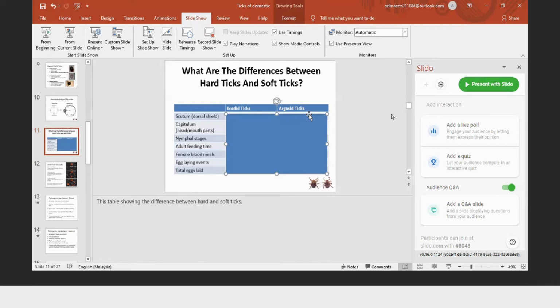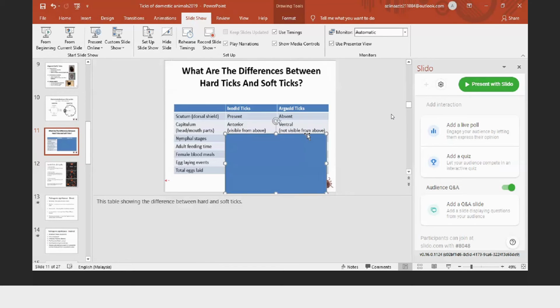Okay, I'll reveal the answer. So the capitulum, we can see from above or from the top. For Argas, only when we turn it upside down can we see it.